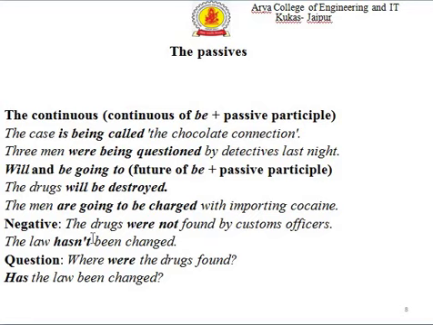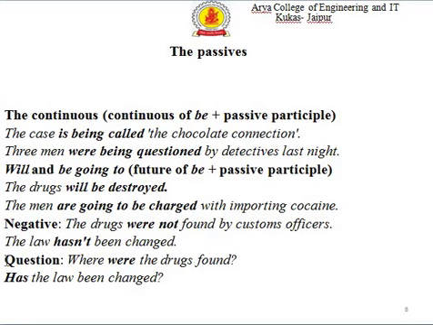See, the negative affixes to has or have, and been is a suitable form of be, and the main verb changes into past participle. So the law hasn't been changed.